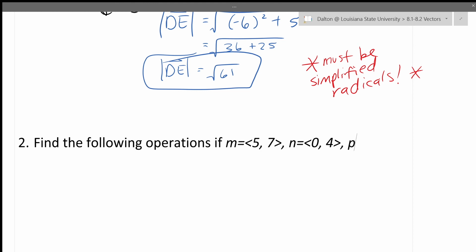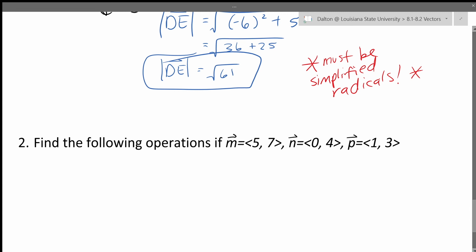And vector p is at 1, 3. Okay, so these are my 3 vectors, m, n, and p.